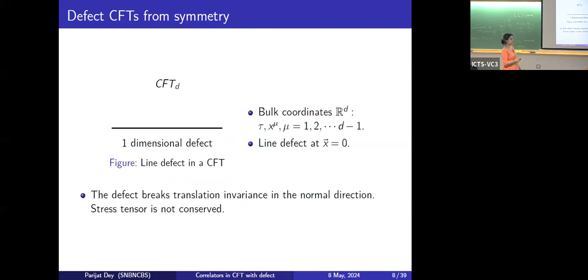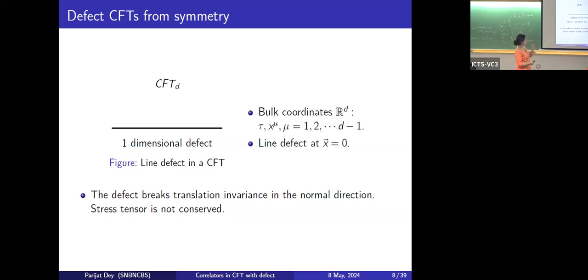So let us first try to understand the defect CFTs from the symmetry point of view. So here is a picture. We have this d-dimensional bulk conformal field theory, and when I use this word bulk, it means this is the conformal field theory in the entire space-time dimension. So it has nothing to do with holography. Whatever I am going to talk about applies to any generic conformal field theory. And in this bulk CFT, we introduce this line, which is the line defect.